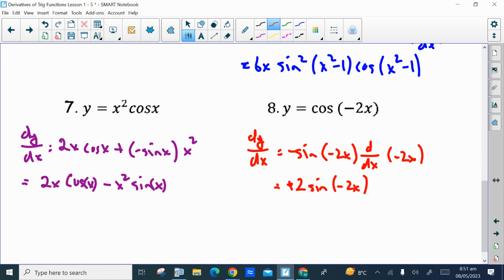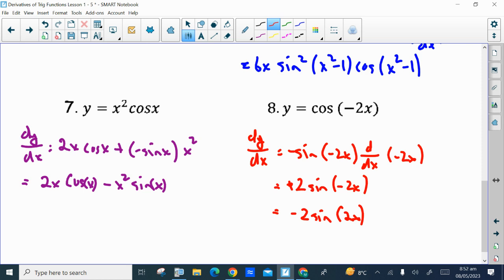Now, one other thing about this, though, is when we see a negative rotation angle, it means you're going clockwise, which would put this in the fourth quadrant, where sine is negative. So you could also write this as negative 2 sine of 2x, because negative 2x puts you in the fourth quadrant, and the CAST rule tells us that's our C quadrant.